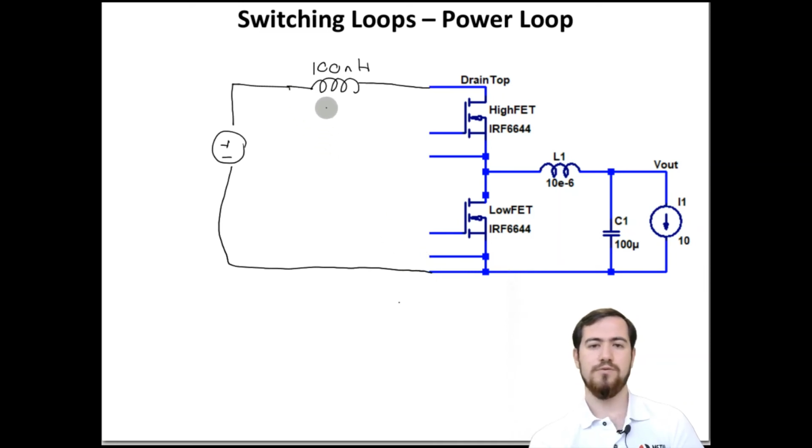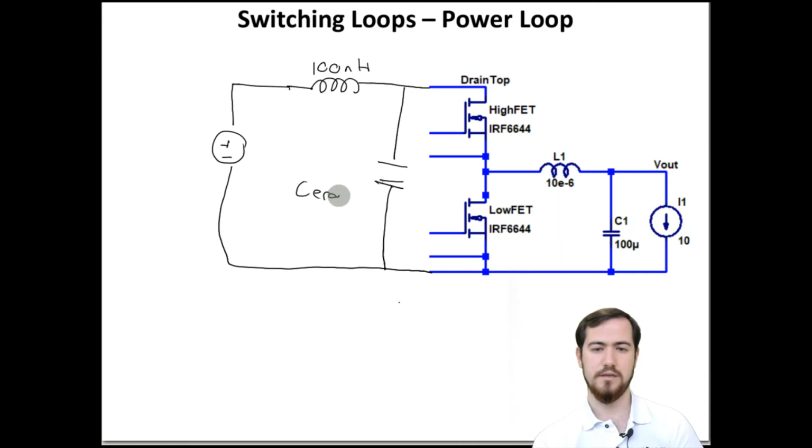What we can do to reduce this inductance is place some power loop bypass capacitors. Most of the time they are ceramic capacitors, because their frequency response is quite good. We can actually now reduce this inductance.